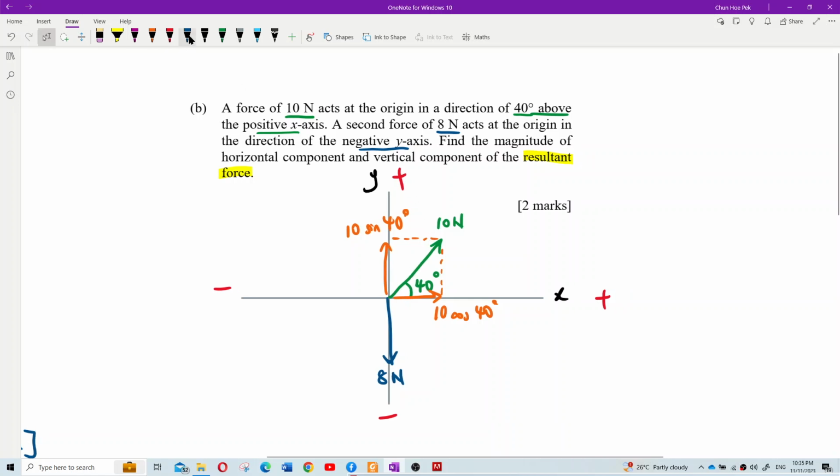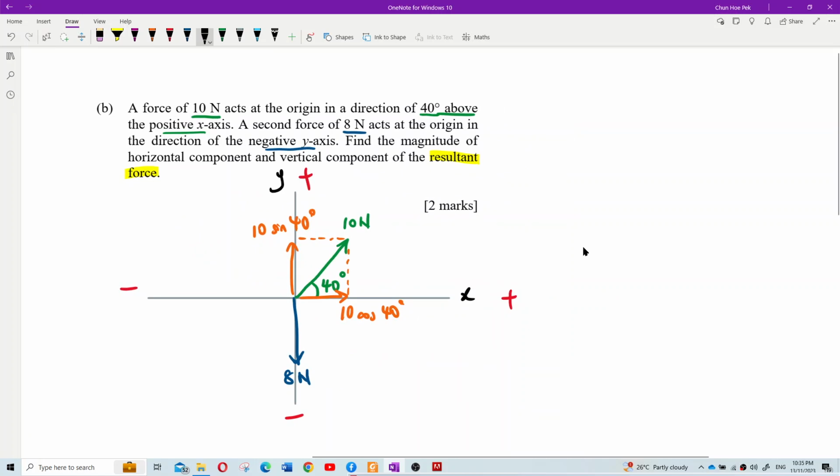So now let's finish it. This is all forces, so F. You can put this as F1, F2. So I want to find the resultant in x component.